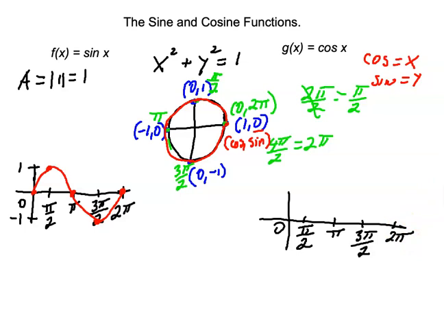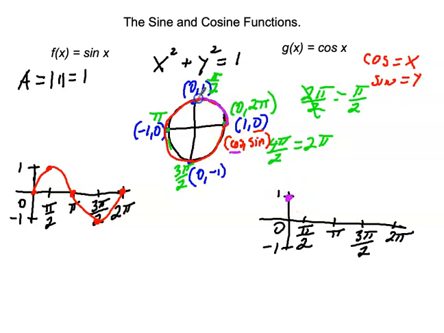And since we are graphing the cosine function, oops, I forgot the amplitude. So here is 1, the lowest point is negative 1. So for the cosine function, cosine starts at 1, so we're going to start at 1 over here.